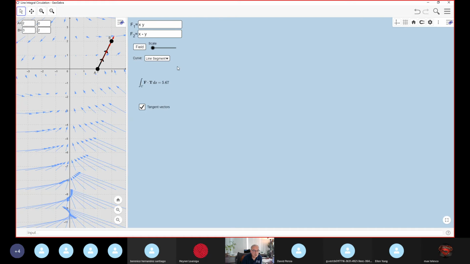In this case, we are working with this segment line. Remember, our curve is formed by two segments. The first one goes from 0 to 2. This A represents the starting point, B represents the ending point. And this is the answer for the circulation line integral, 0.